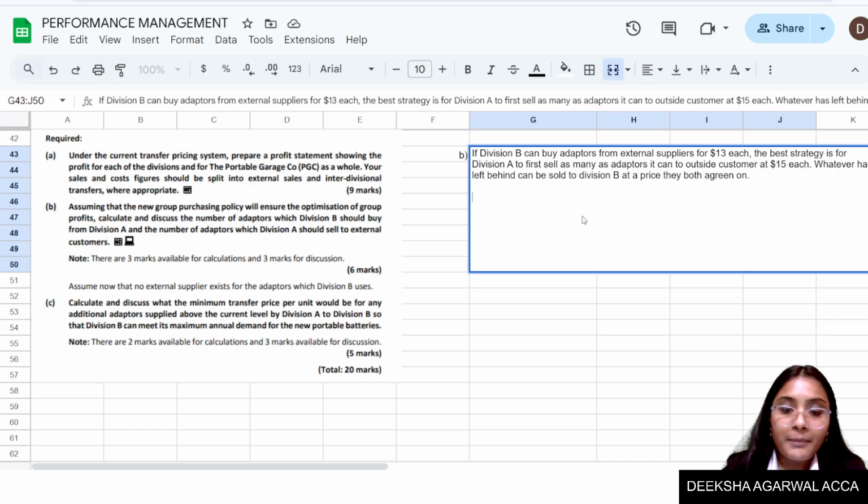Correct. In this case, what is happening? My division A sells 1,50,000 adapters to division B. Correct. And division B buys the remaining.